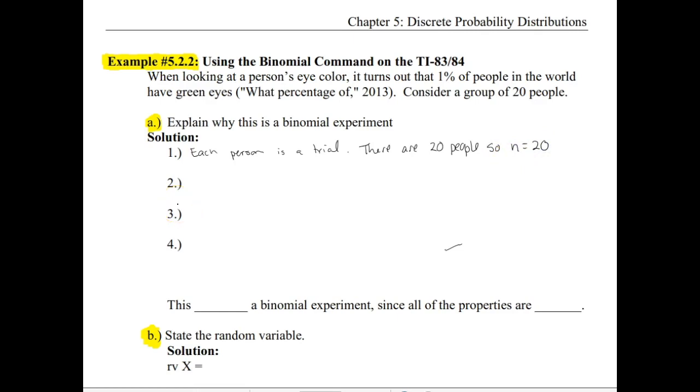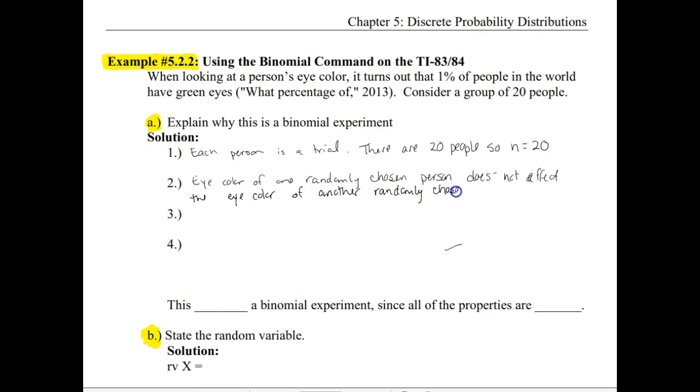Number two is that we have to have independent trials. So again, in this case, we're going to assume that the eye color of one randomly chosen person does not affect the eye color of another randomly chosen person.